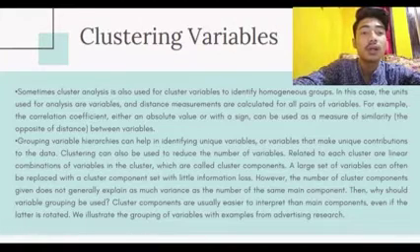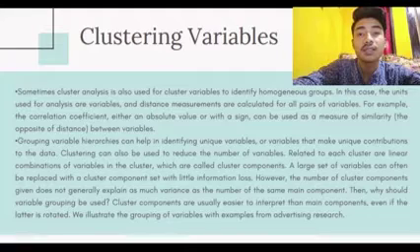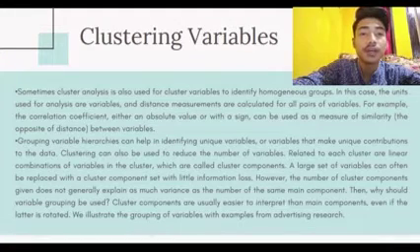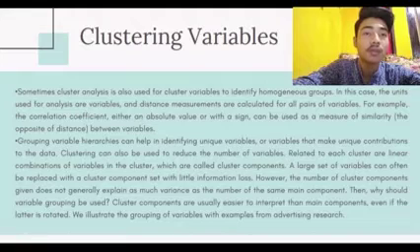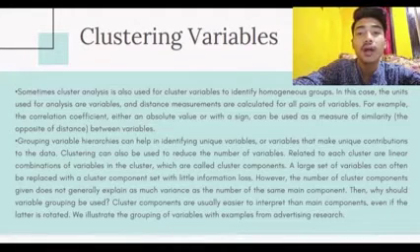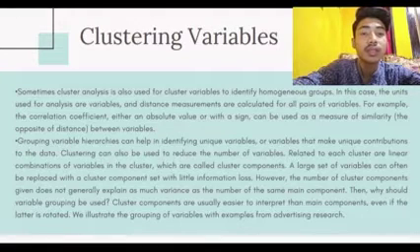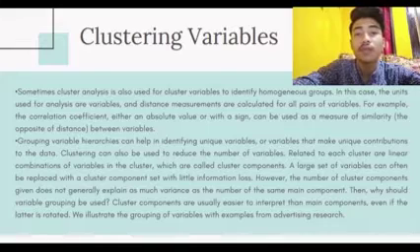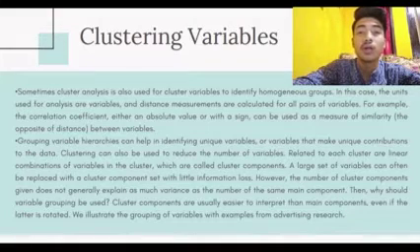However, the number of cluster components generally does not explain as much variance as the same number of principal components. Then why should variable clustering be used? Cluster components are usually easier to interpret than principal components, even if the latter are rotated.